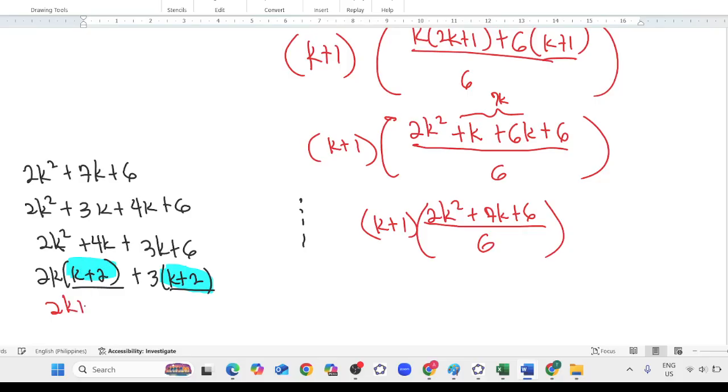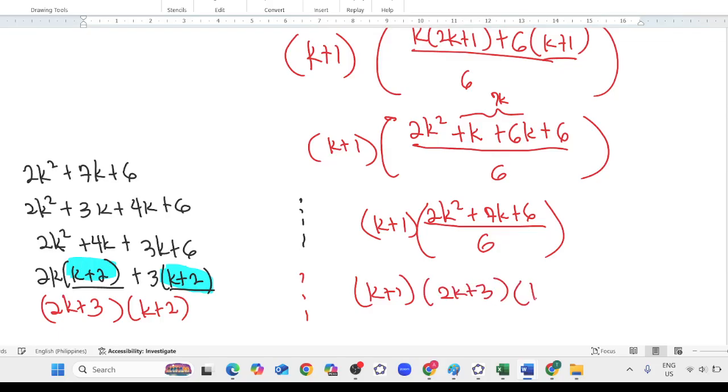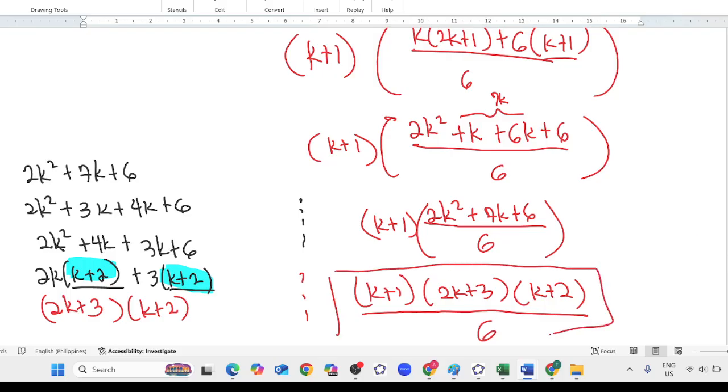So we have 2k plus 3 times k plus 2. So we will have k plus 1 times 2k plus 3 times k plus 2 divided by 6, which is our target.